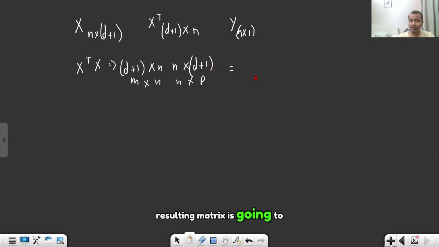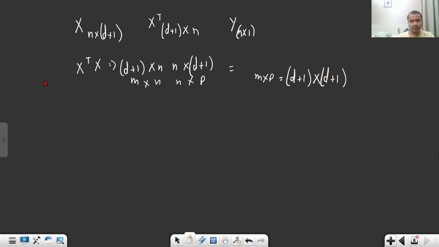The resulting matrix is going to be of order m cross p. Therefore it is d plus 1 cross d plus 1. So we can tell that x transpose x is of order d plus 1 into d plus 1, right?